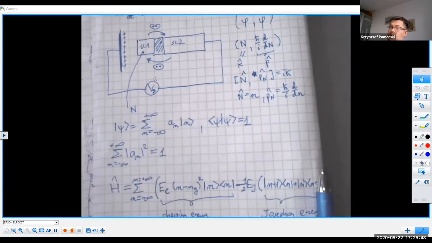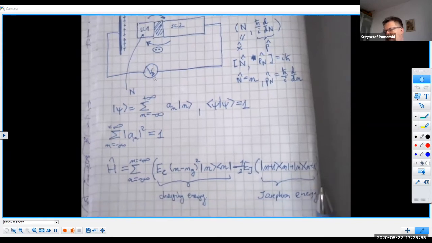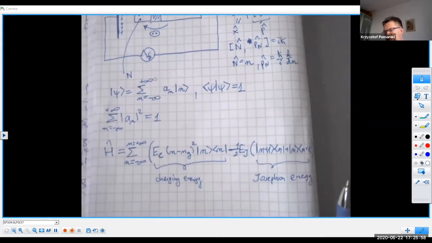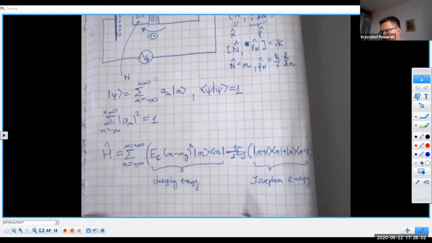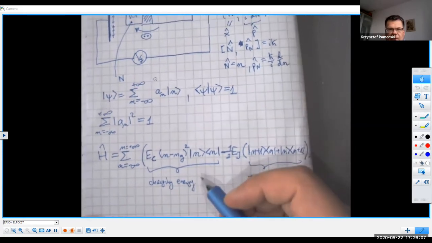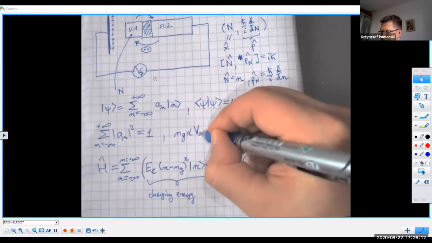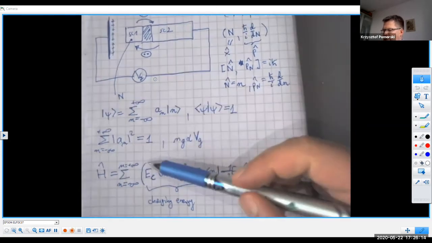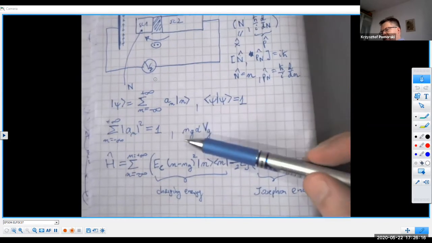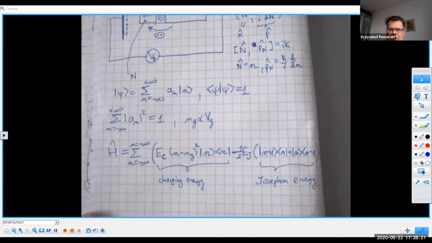We are talking about very small voltages in the range of millivolts, and basically what is important is that ng is proportional to Vg, this polarizing voltage. So this is quite an important feature in this model.